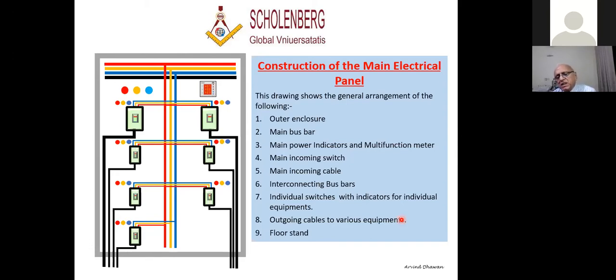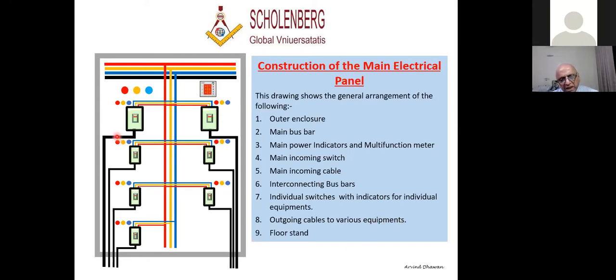It should be at least about a foot, 12 inches, or 2 feet, depending on the number of cables and the size of the cable. Because cable entry from the bottom is very simple, because the main incoming cable is coming from outside.